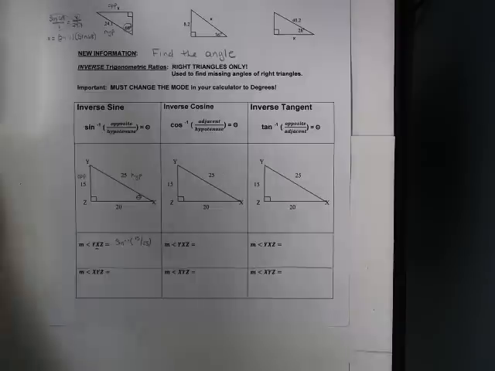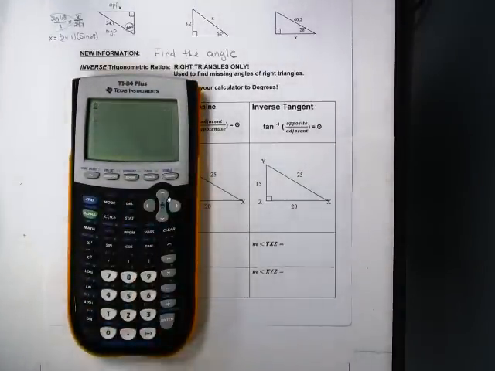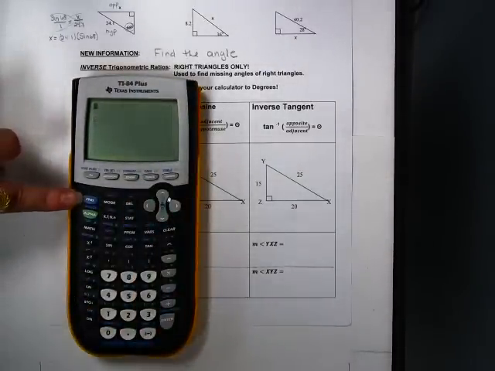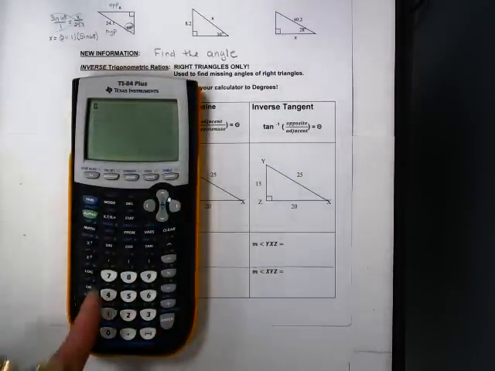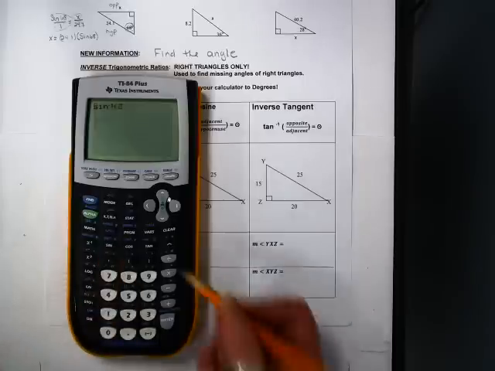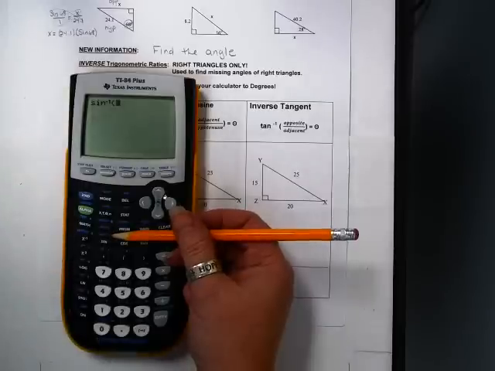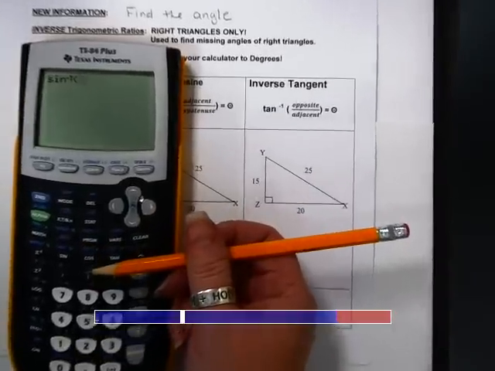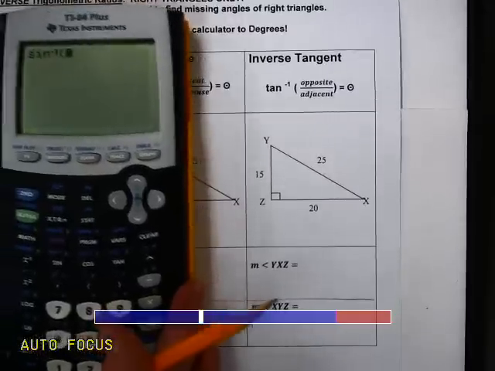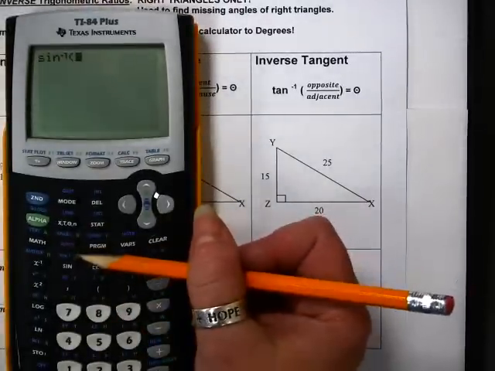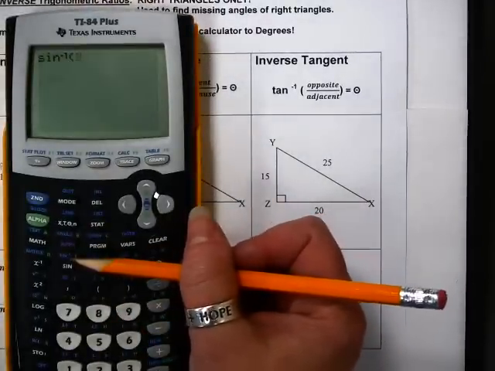Now, to plug in sine -1, you're going to have to hit the second key and then the sine key, because that gets you to this right here, which I don't know if you can see, but I'll try to zoom in. In blue right here, it says sine -1.